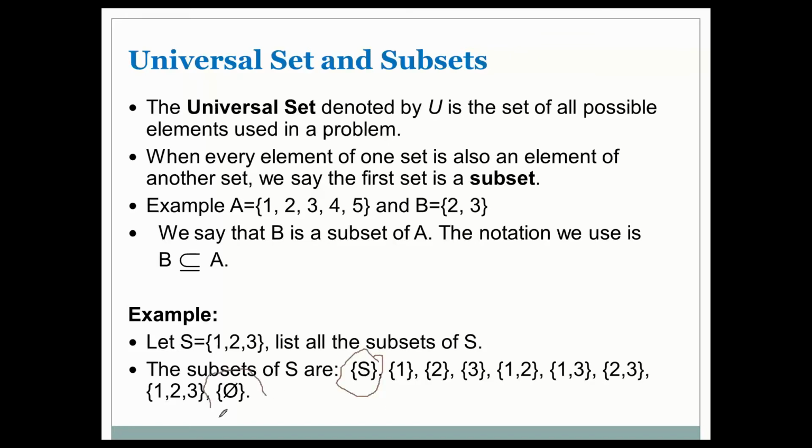We're also going to have the null set, always included as a subset. Then we'll have the individual numbers, 1, 2, 3, then 1 2, 1 3, 2 3, and then 1 2 3. So 1 2 3 is the same as S, just written differently.